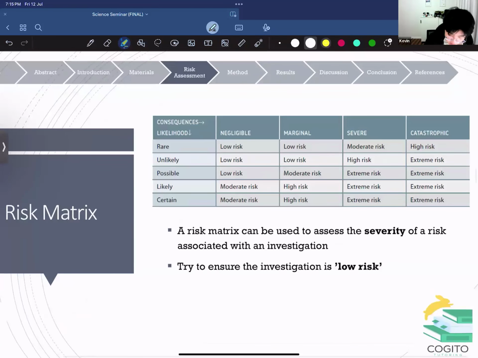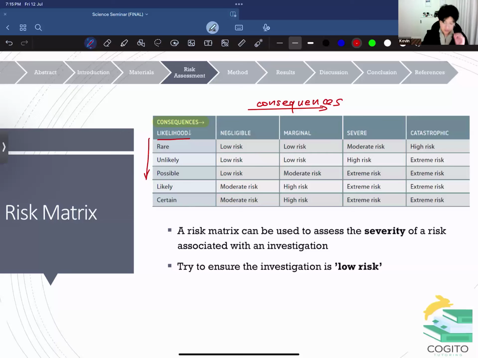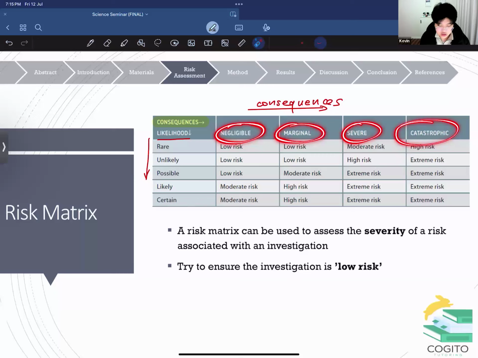So how do you read this? Across the top, you have consequences. And going down is your likelihood. Now the consequences can be negligible, marginal, severe, or catastrophic.